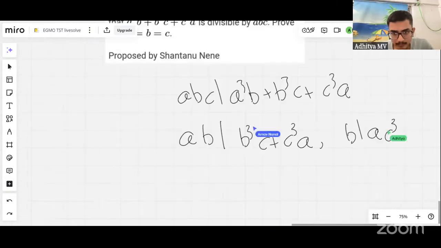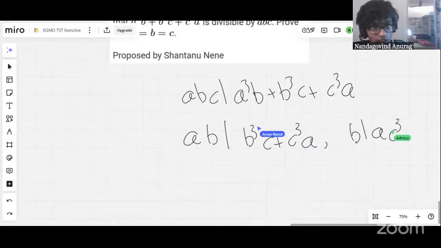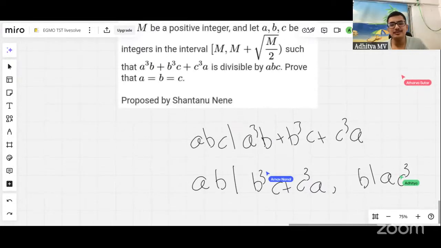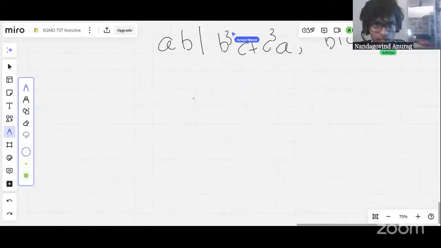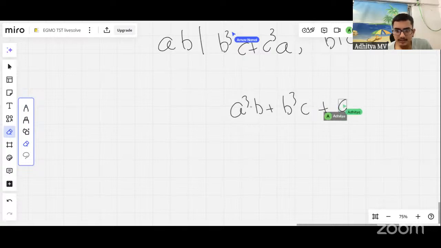How about A cube B minus A square BC? Then we just subtract these, so at most square root of n. So A minus B squared is at most that.